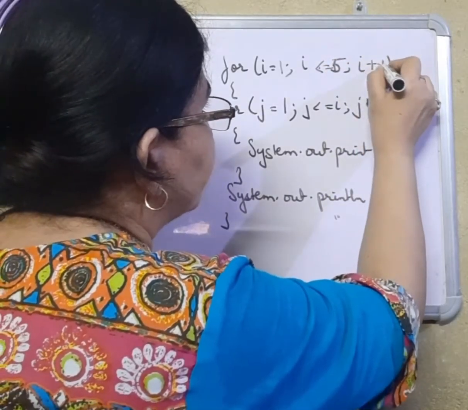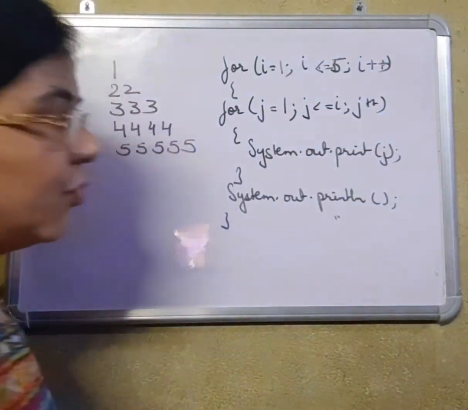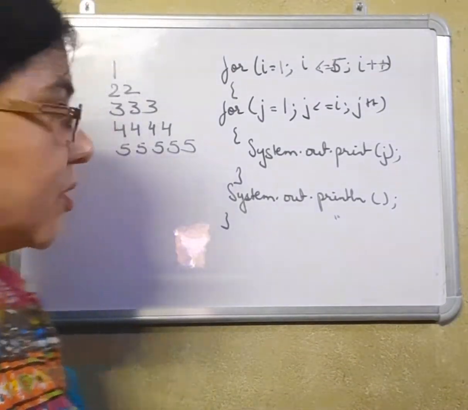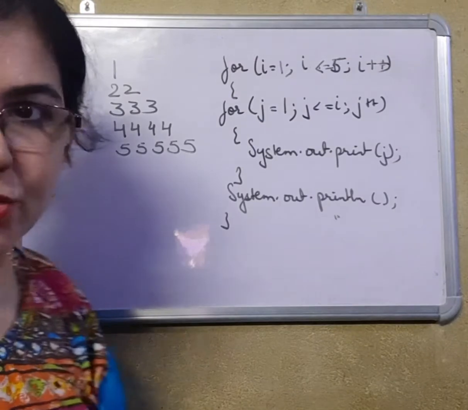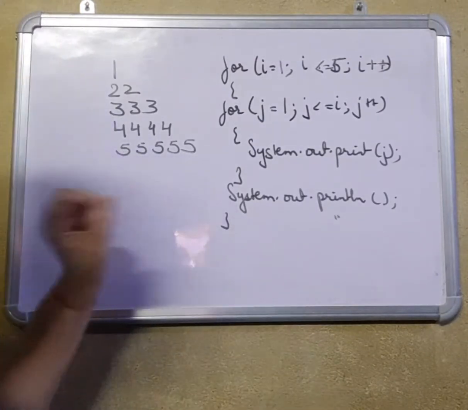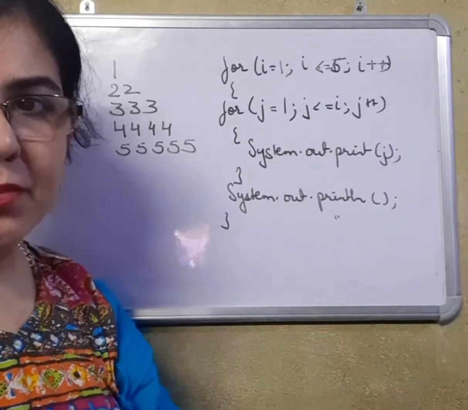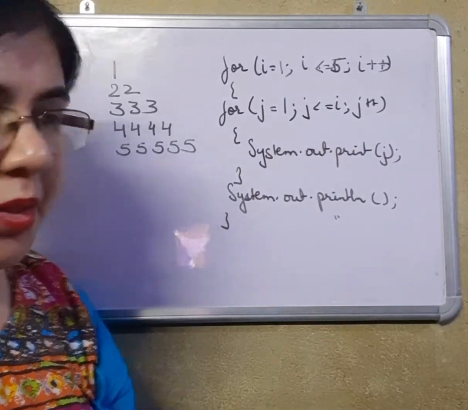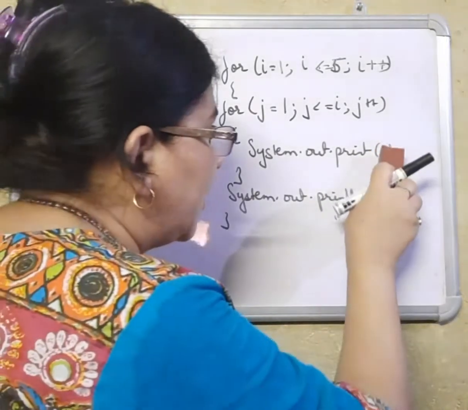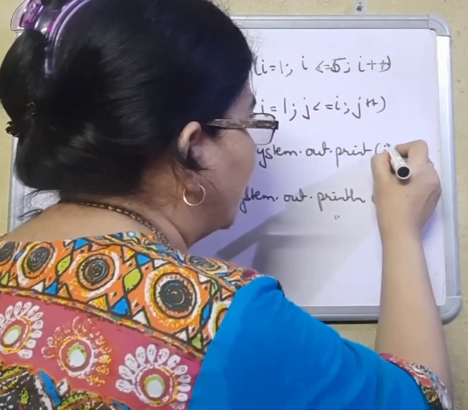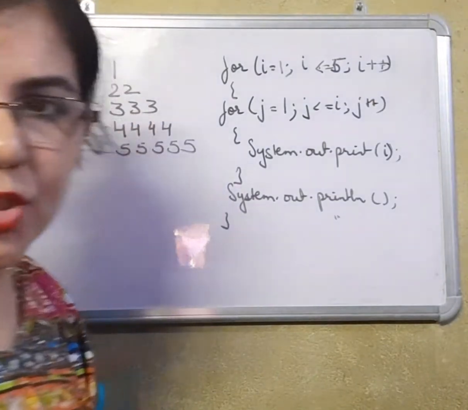I plus 1. But we will not be able to make out what will be the starting value of J, because every line is starting with different values. In this case, J will always start with 1 and it will be less than equal to I. But instead of J, we will be printing I. Why are we doing J 1 less than equal to I?